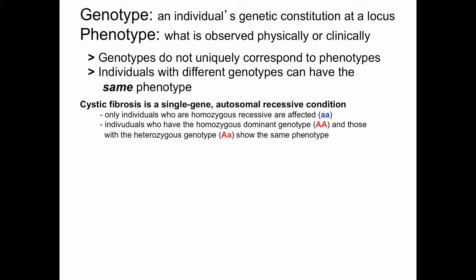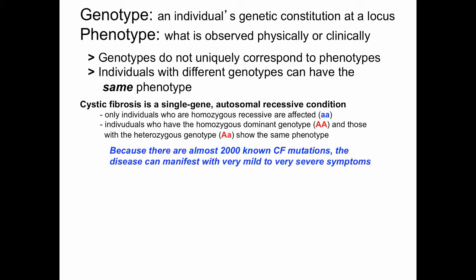Individuals who have the homozygous dominant genotype, big A big A, and those with the heterozygous genotype, big A little a, would show the same phenotype, and they would be normal, although individuals that are heterozygous, big A little a, would be considered carriers for a disease like cystic fibrosis.